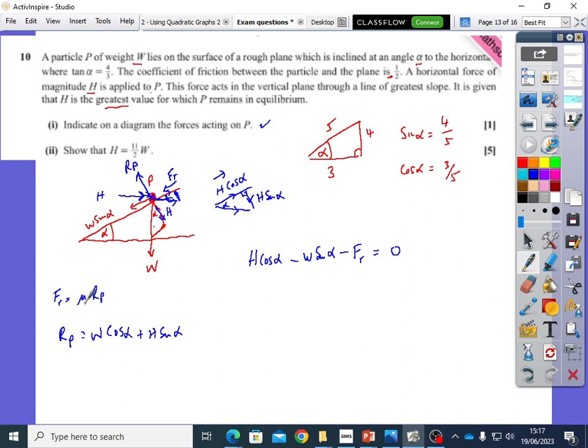Now before we start that, we know that mu here is a half, and we know these values, so I'm going to put friction, it's therefore going to be a half multiplied by R of P, which is going to be W cos alpha, which is 3 over 5, and H sine alpha is going to be 4 over 5, and that's all going to be times by a half.